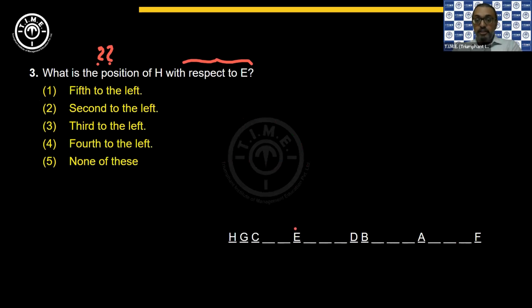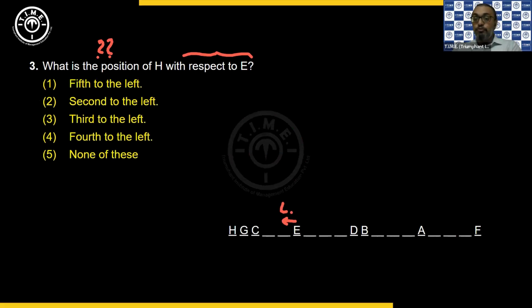With respect to E, I have to move on the left side of E, and the position you count is 1, 2, 3, 4, 5. Correct. It will be fifth to the left. Lavanya, it is not fourth, it is fifth to the left. Because you have 4 persons, after 4 persons you have H as the fifth person. So it is fifth to the left. Okay, good. Choice 1, correct.